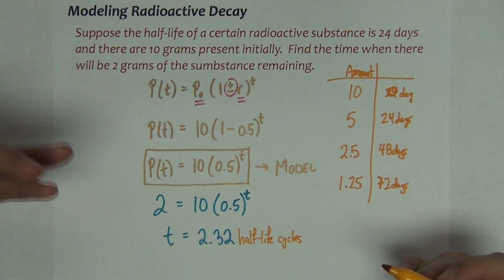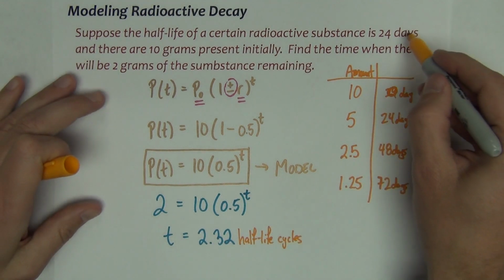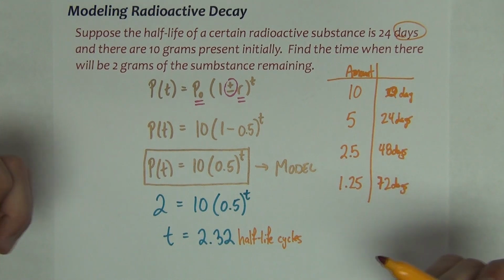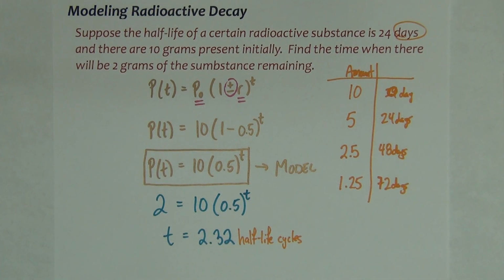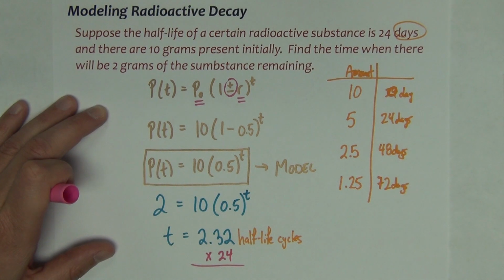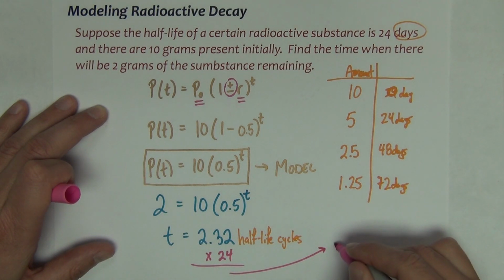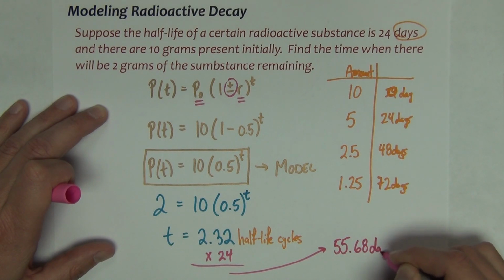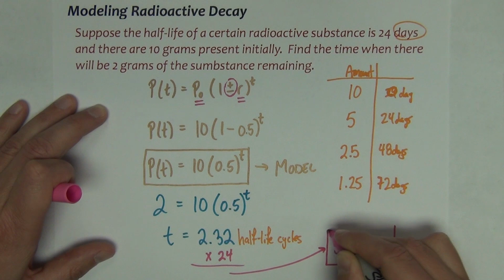But that's really not good enough. I'd really like my answer in days, since the unit in the problem was given to me in days. There are 2 ways that I can fix this, and I'll show you both. One way is simply to take the number I have here and multiply it by 24. 2.32 times 24 gives 55.68 days.